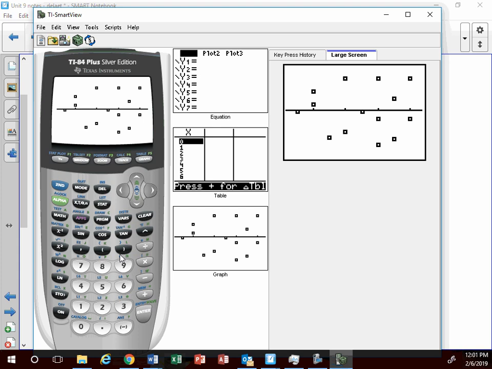I have to write everything down. You're not confused on this, right? Okay, so then you're good.